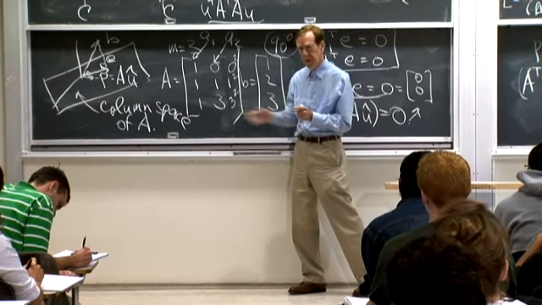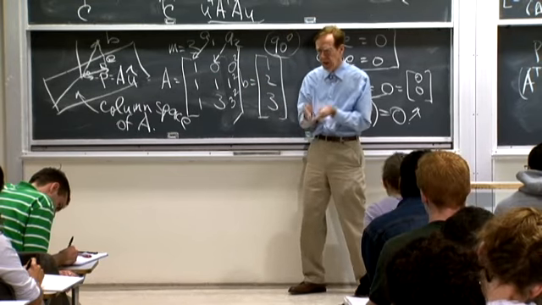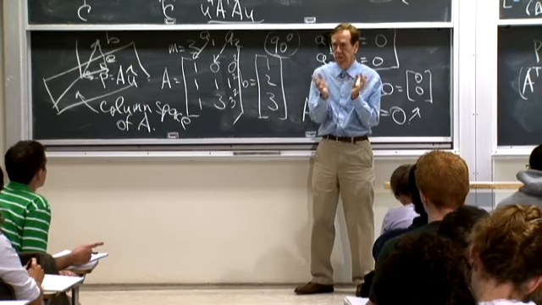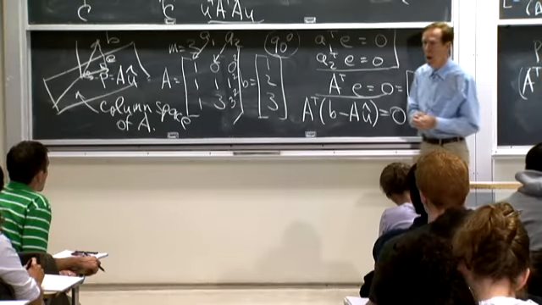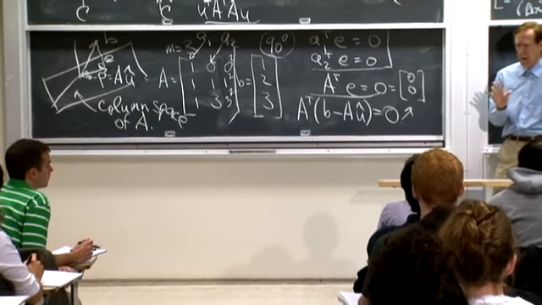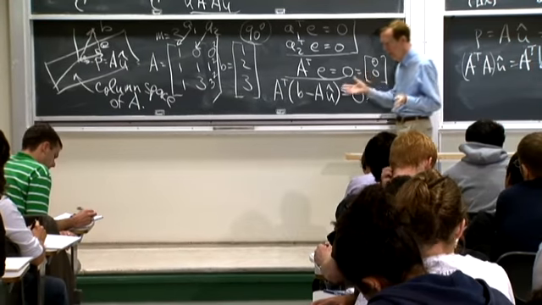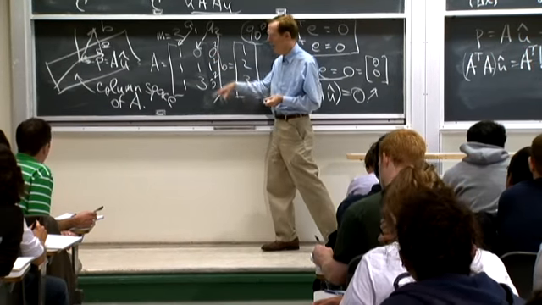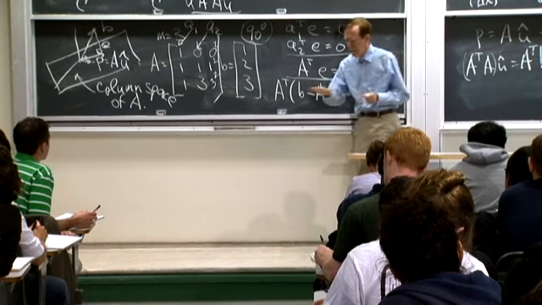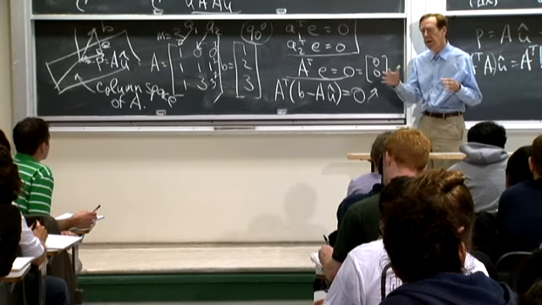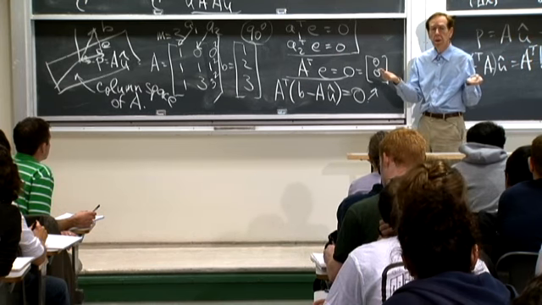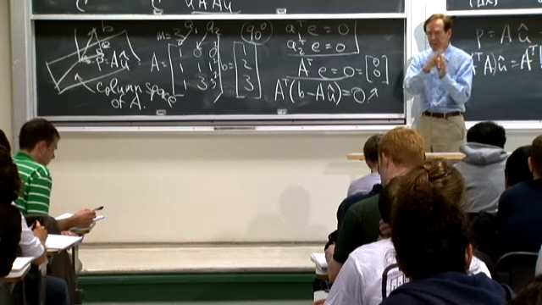That was the combinations of 2 columns, but now I've got 3. The combinations of 3 columns of an invertible matrix is what? Are you with me? If I have a 3 by 3 invertible matrix, these 3 columns independent, pointing off in different directions, not in a plane, then when I take the combinations, I get R3.